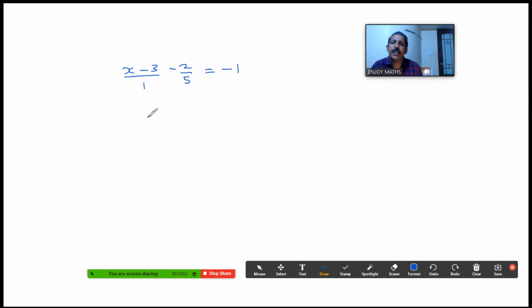Now what you do is the LCM, because both are fractions. You take the 5 here. So this also in bracket you take and multiply by 5. You have to multiply this one by 5 because the lower one is also multiplied by 5. So what happens? 5 into x, 5x.